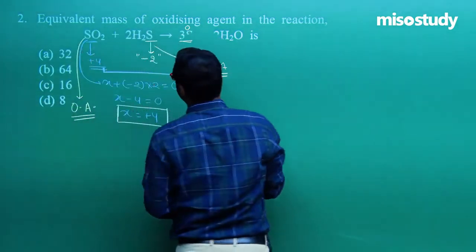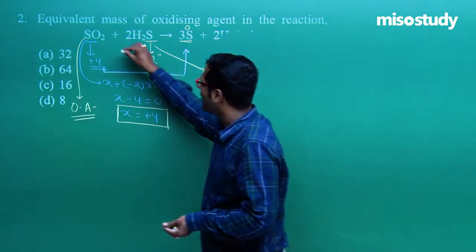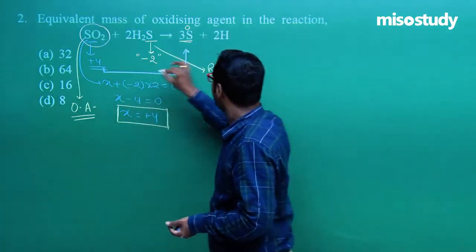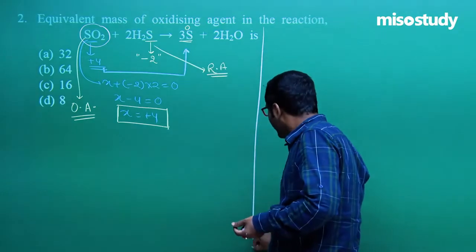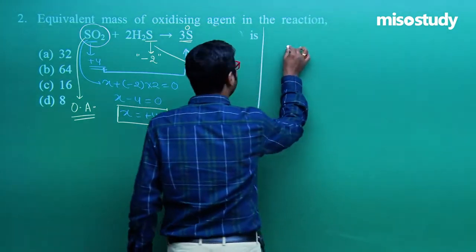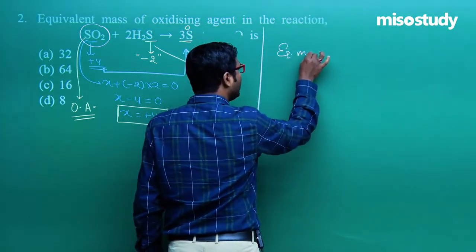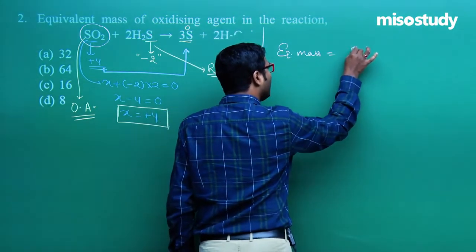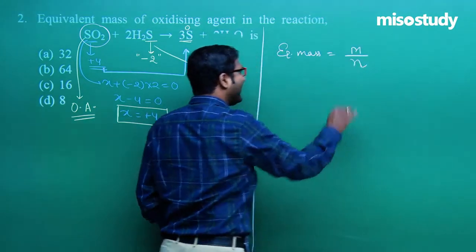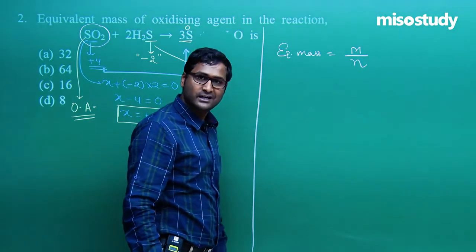Now according to the question, we have to find the equivalent mass of the oxidizing agent, that is SO2. As we know, equivalent mass is equal to molecular mass upon N. N is equal to change in oxidation state.